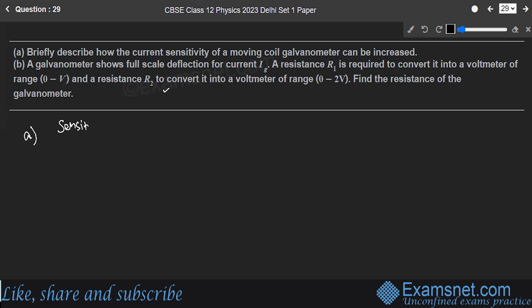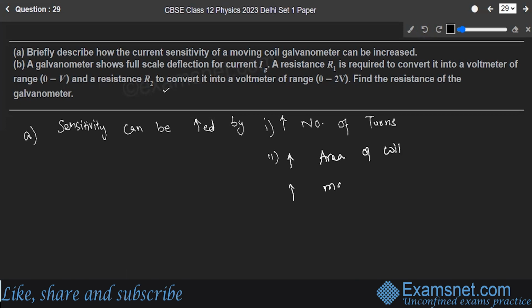Sensitivity can be increased by increasing, number one, the number of turns in the coil, increasing the area of the coil, and increasing the magnetic field.